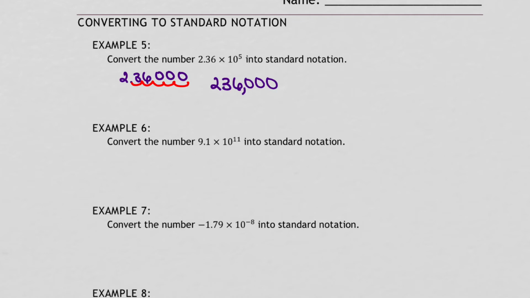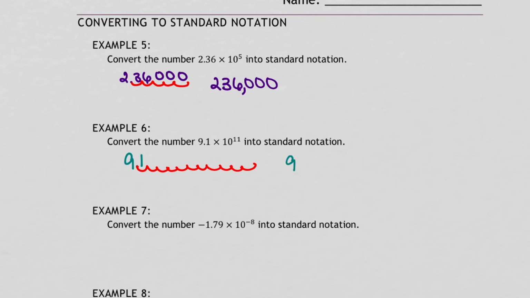Example 6, we have 9.1 times 10 to the 11. So this time we need 11 decimal places to the right again because it's a positive exponent. So 1, 2, 3, 4, 5, 6, 7, 8, 9, 10, 11. Now, the way I do this is I actually start with the 9.